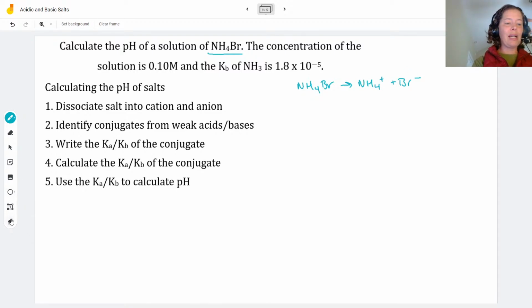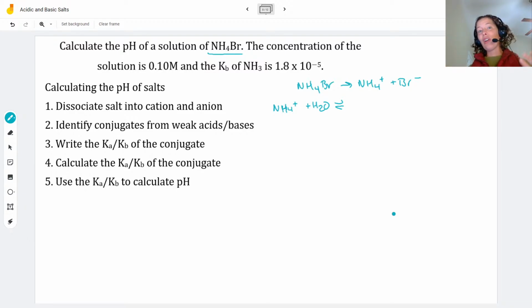We've already recognized that this ammonium cation is what is driving our acidic and basic properties. So what is going on with ammonium in aqueous solution? We know it's going to be in equilibrium because this is going to be acting weakly acidic or weakly basic. Is it going to donate a proton or accept a proton?